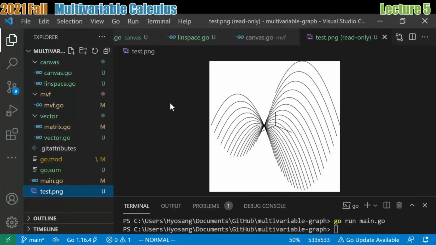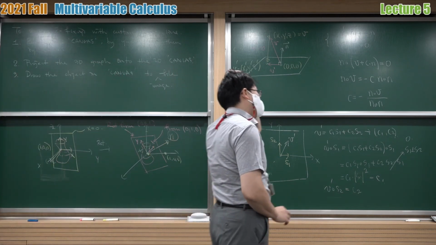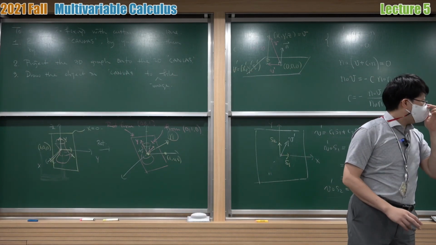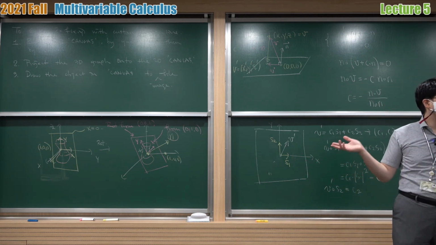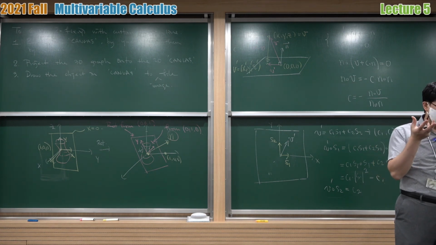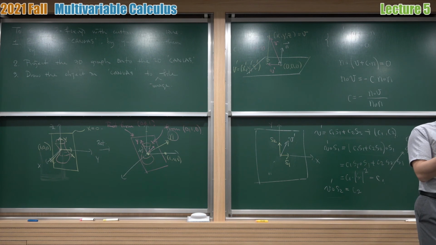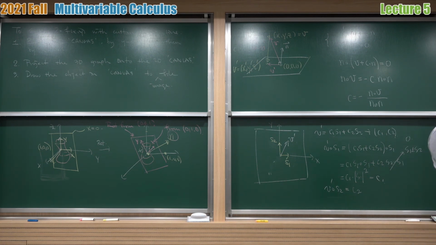So before we finish, let me summarize what we have done here. Why are we trying to make this graphing calculator? First of all, we started with a motivation that we want to see the limit of the weird function at 0, 0. What's the limit of the function when x, y goes to 0, 0?